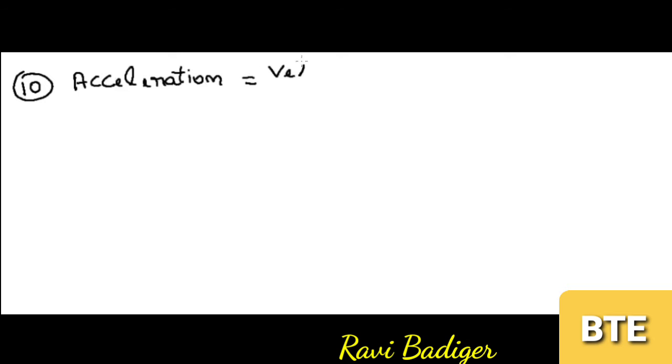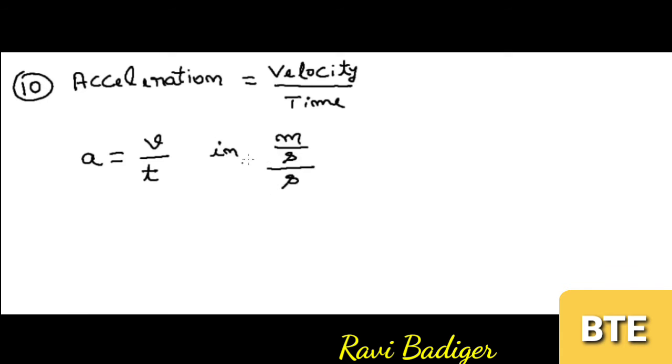Number 10 is acceleration, that is equal to velocity by time. Acceleration is denoted by small letter a, velocity by small letter v and time by small t. Here the velocity is measured in meter per second and time is measured in second. So it can be written as meter per second divided by second.